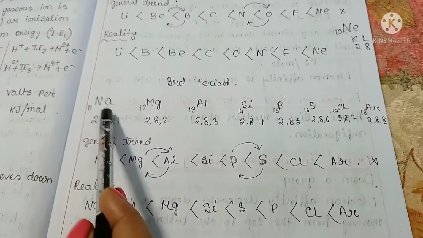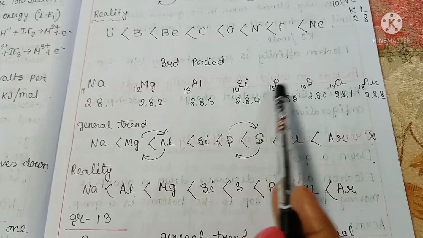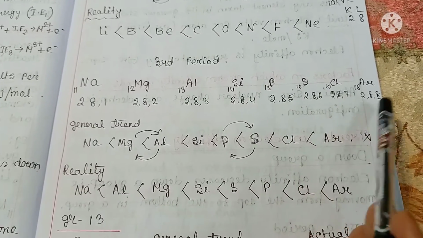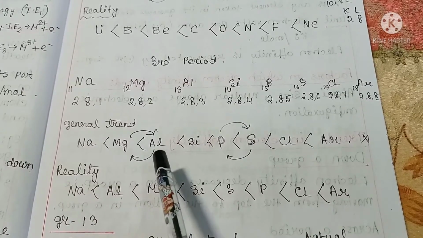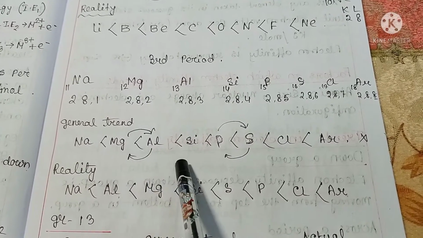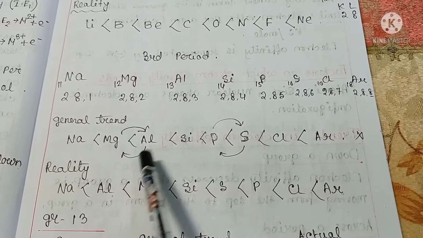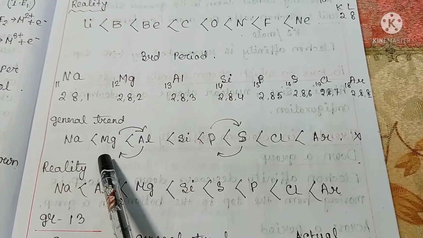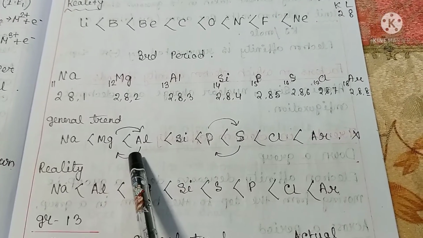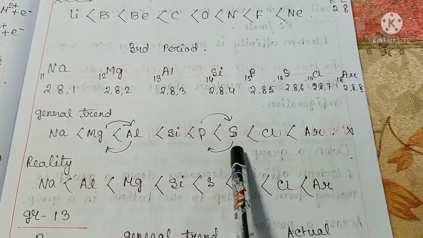Now see in third period: sodium, magnesium, aluminum, silicon, phosphorus, sulfur, chlorine and argon. General trend: across a period, ionization energy increases, but in case of magnesium and aluminum, and phosphorus and sulfur, magnesium is more stable than aluminum and phosphorus is more stable than sulfur.